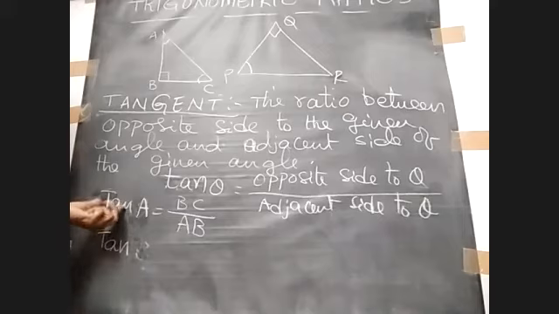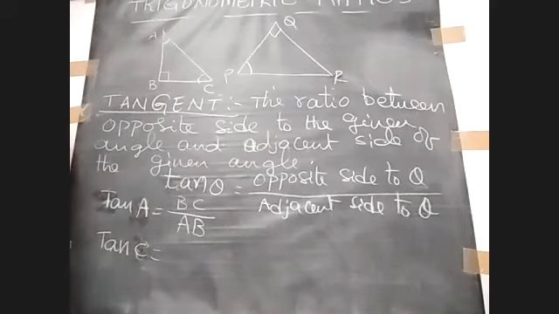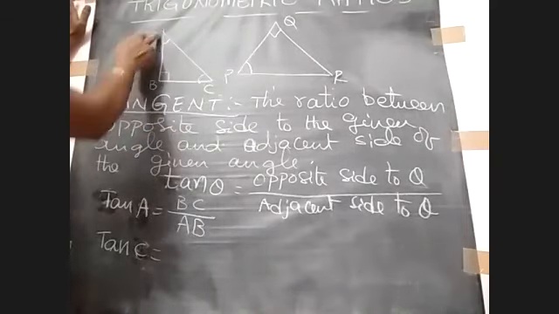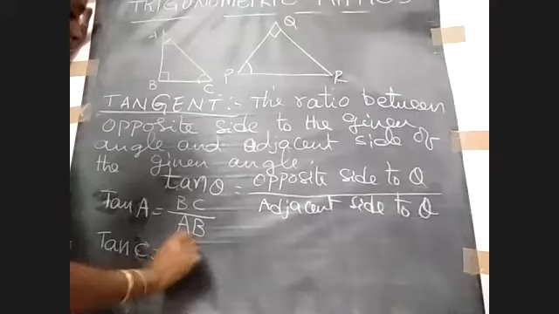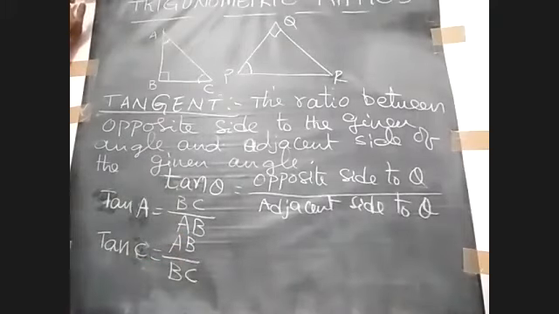Okay. So tan C? AB by BC, ma'am. Very good.